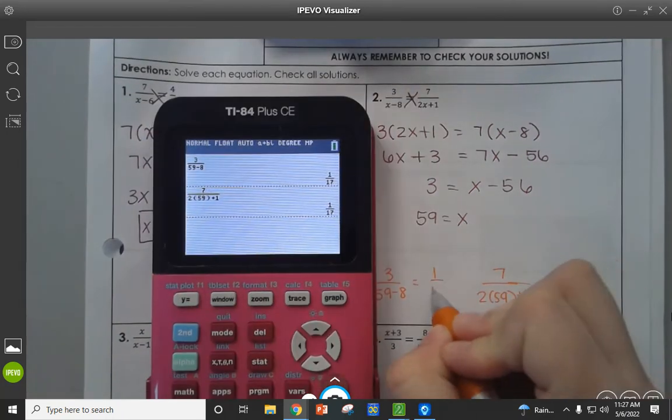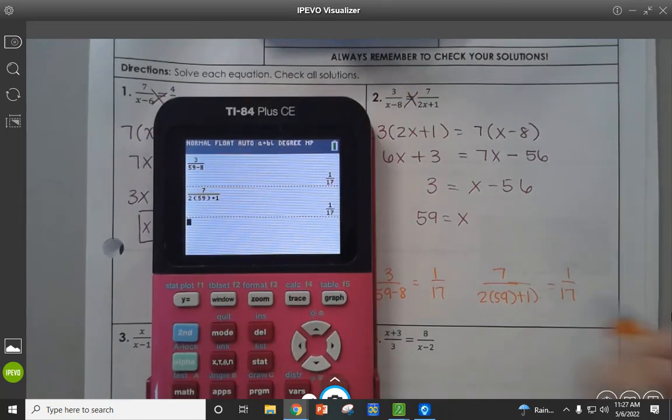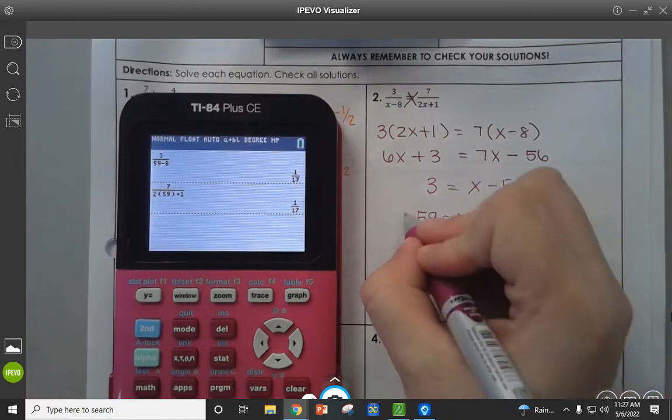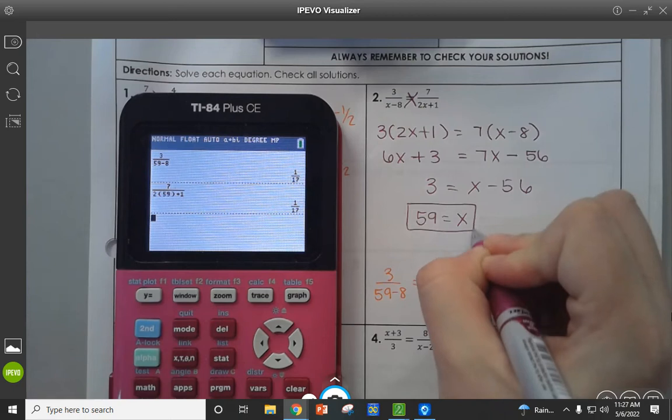I'm going to get 1 over 17 for both of those. So they match, didn't get any errors. So this is my solution.